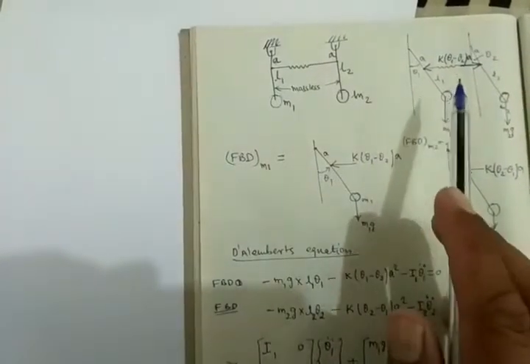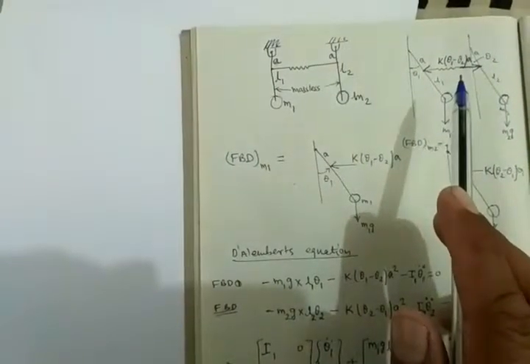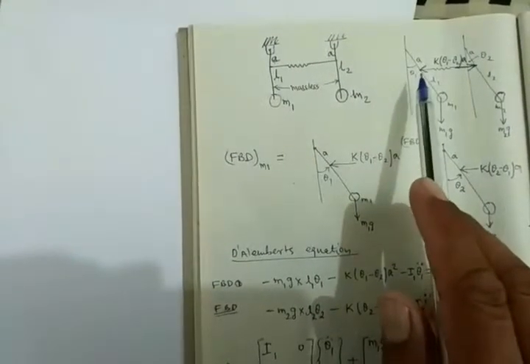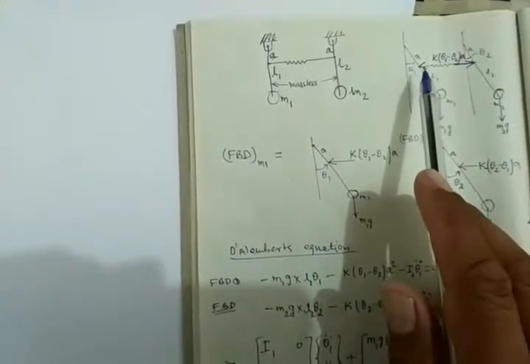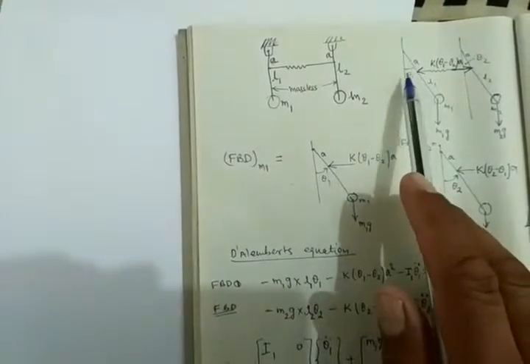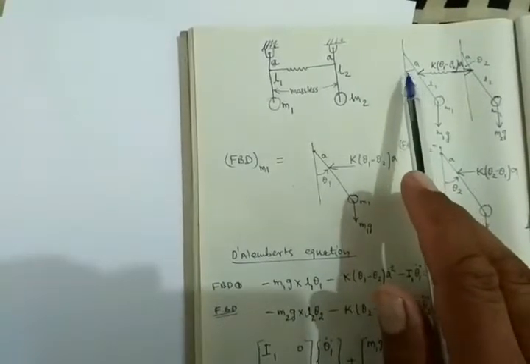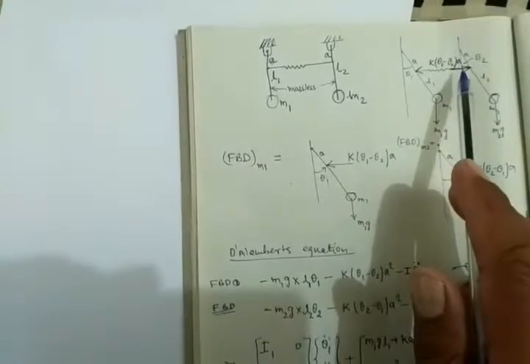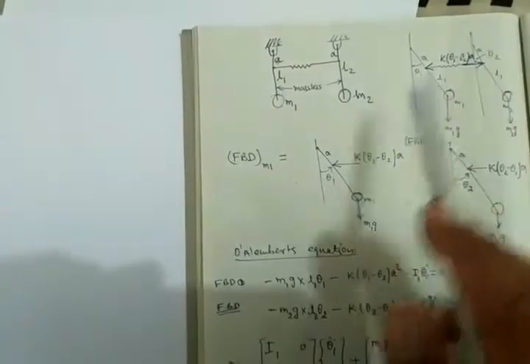As the spring has relative displacement, because this end of the spring is moving from here to here, this is not the actual compression in the spring. When this end of the spring moves forward, the other end is also moving in the forward direction.